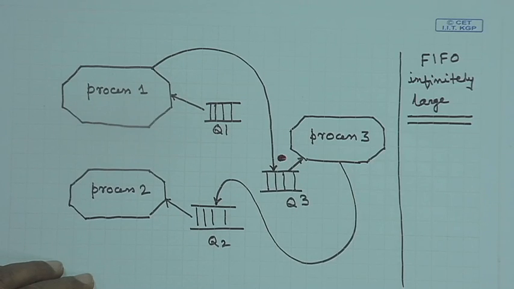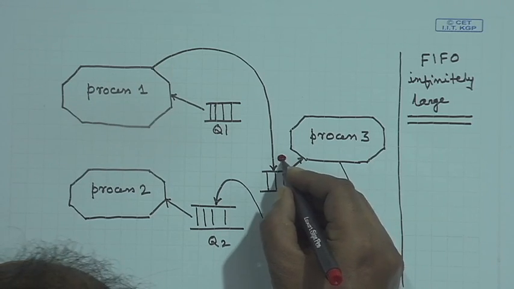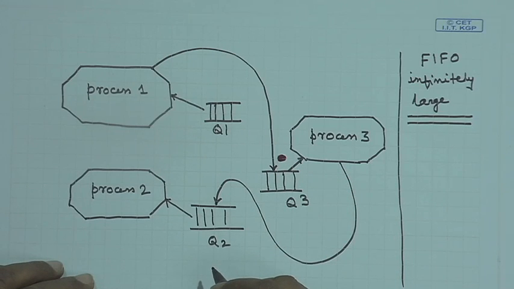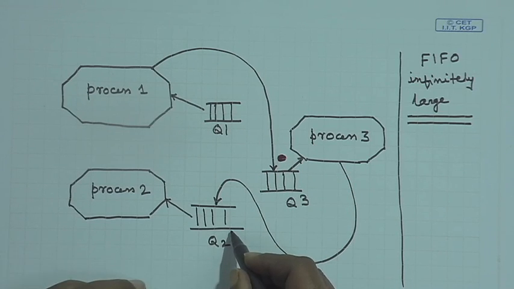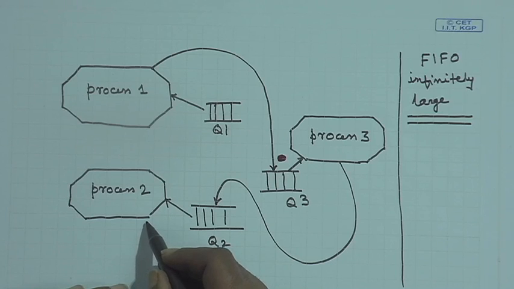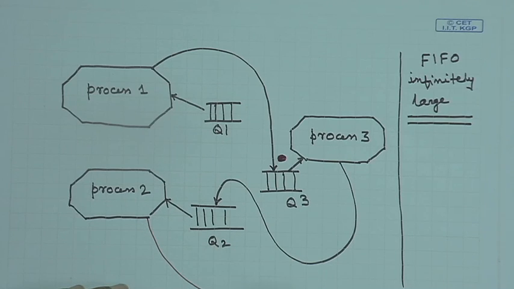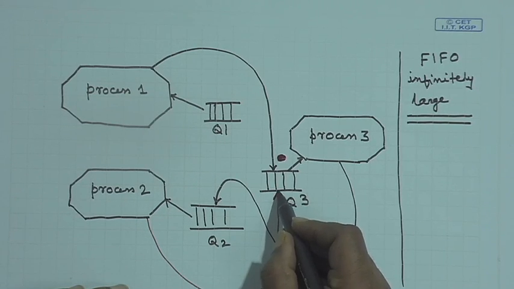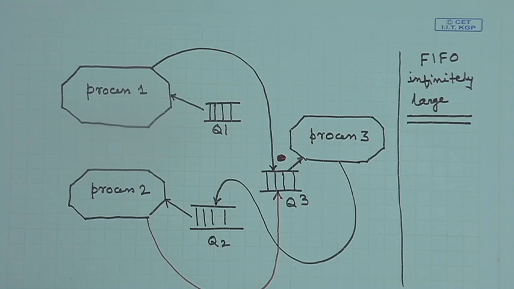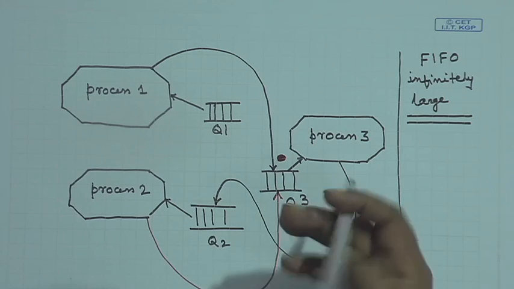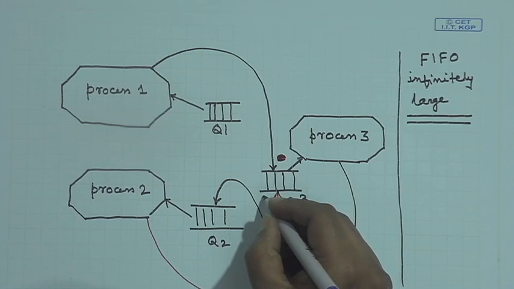Is that red color visible? I do not think so. And Q 2, this process also writes on this, and that is a different token. I am just showing a different token with a different color. Let me put a different shape, that will be much clearer.